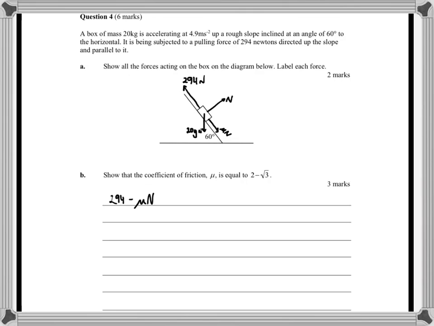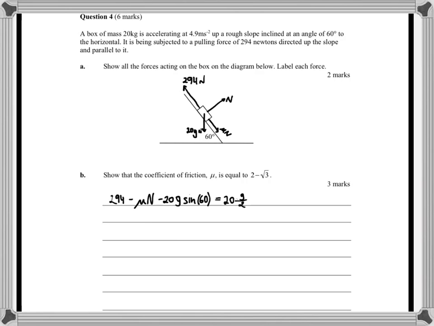Alright, so let's first resolve the forces into the horizontal direction, the direction of motion. So you've got this one, 294 newtons, so we can have that positive. And then we've got in the opposite direction, so subtracting, mu times n. There.